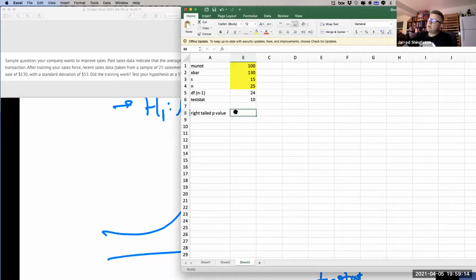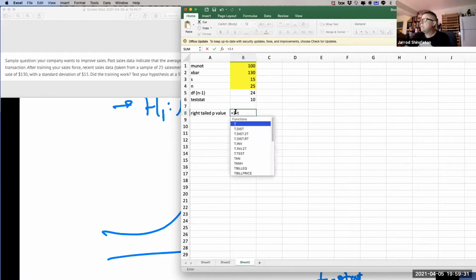In order to find that number, I do equals 1 minus. Now, why do I do 1 minus? Because remember, Excel always takes the area under the curve from the left to whatever number you give it. So this 1 minus will take me to the other side of that curve. 1 minus T.DIST of my test statistic, which is 10. That's a very large test statistic, ladies and gentlemen, comma.